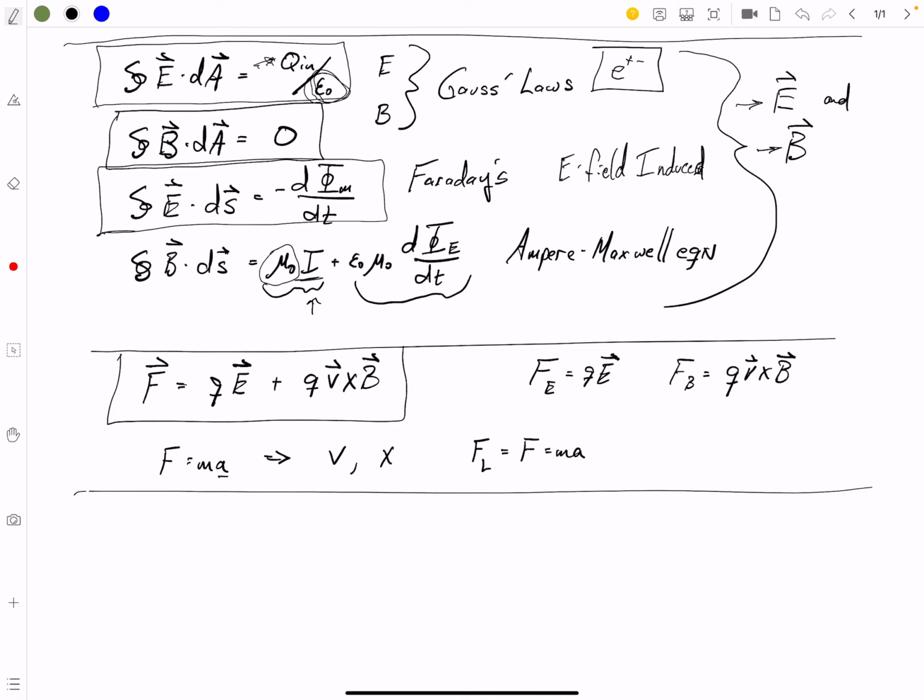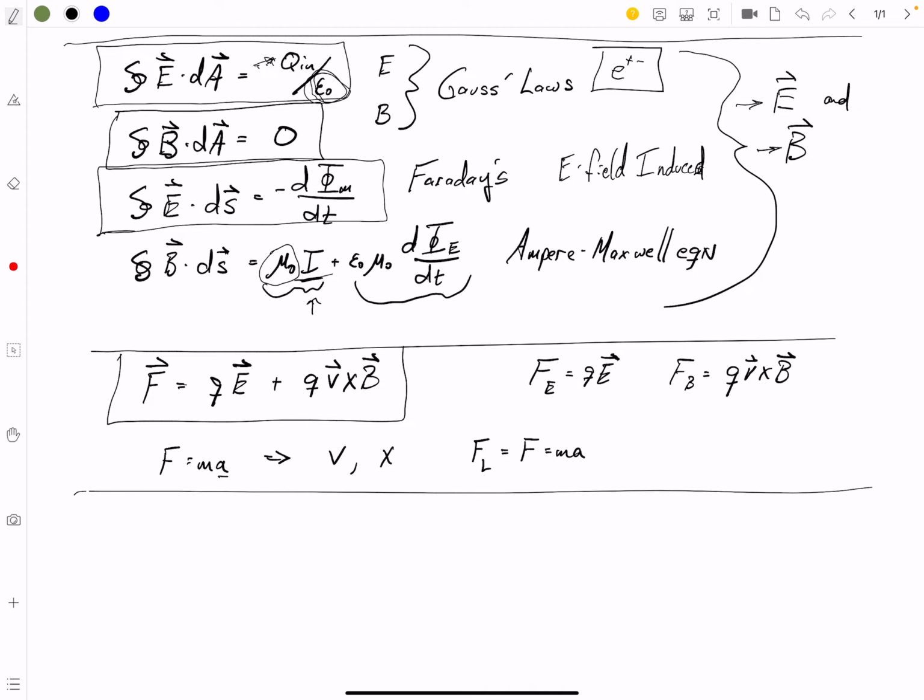The current's the thing, and we've got our current flowing, and that generates our B field. Now, there could also be a change in the electric flux in time, and if that's happening at the same time as this current, fine. Then you add them together and you get your B field.